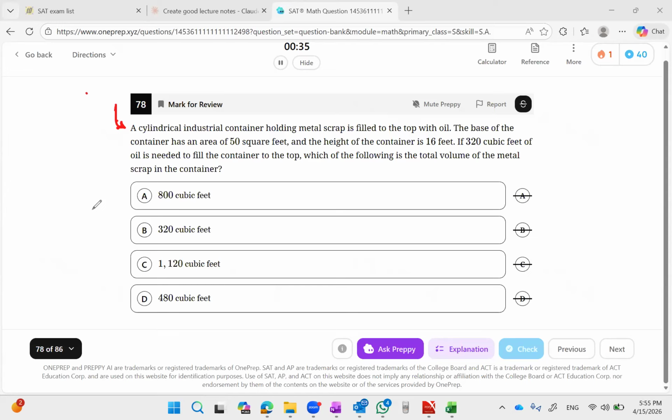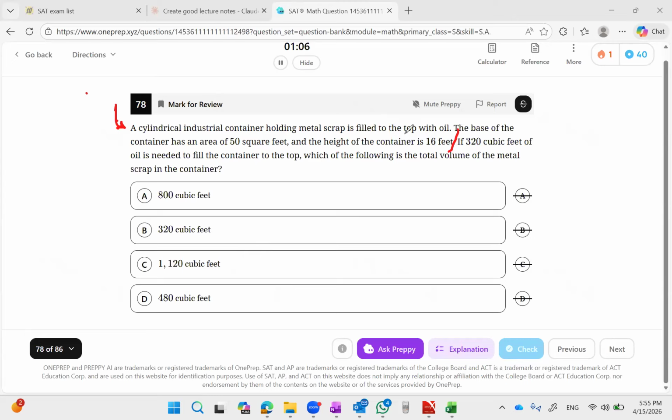Okay, they're finding the volume. The base is 50 and the height is 16. But if 320 feet is needed, I will stop here. The volume, you just find the volume of 50 and 16.